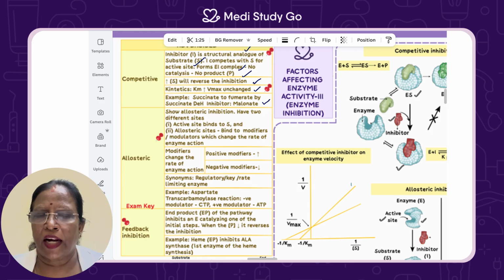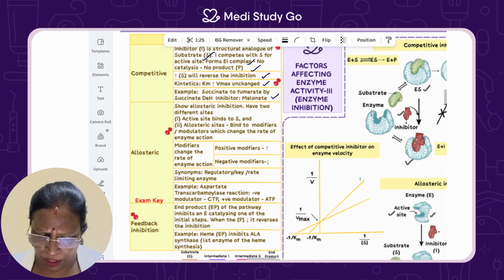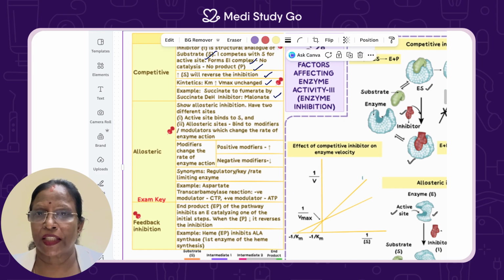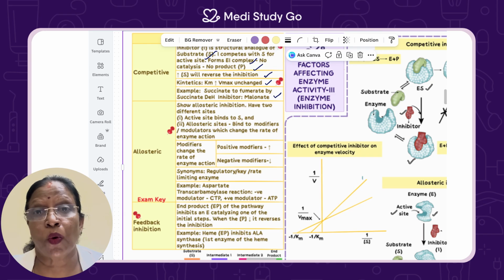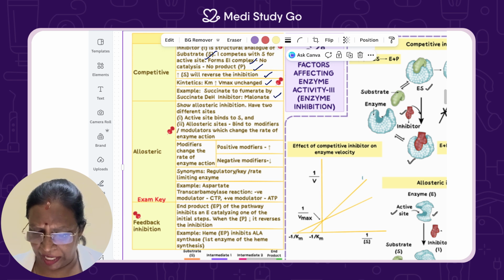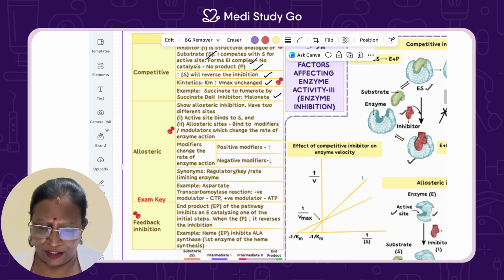Now this Lineweaver-Burk plot shows that the Km value has increased. 1 by Km value has decreased, that means Km value has increased. So affinity has decreased and Vmax remains unchanged. The Lineweaver-Burk plot gives a more accurate Km value and Vmax value. That is why it is also called a double reciprocal plot, because the x-axis is the reciprocal of substrate concentration and the y-axis is the reciprocal of the velocity of the reaction.